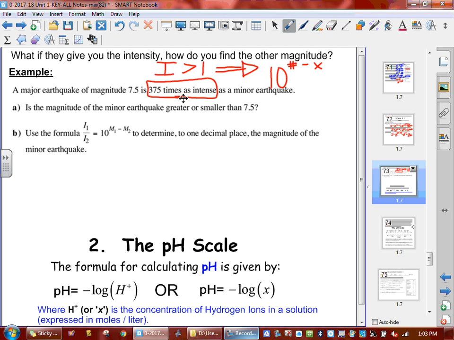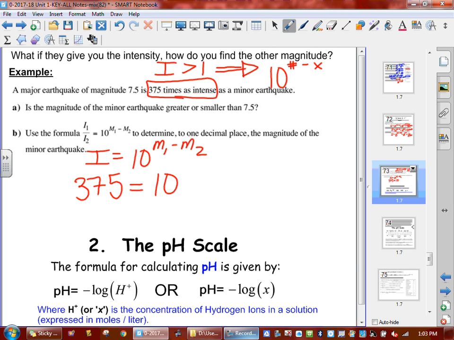I equals 10 exponent m1 minus m2. Our intensity is 375 equals 10 exponent. Now we're going to have 7.5 minus x. Now, we are going to convert to log form.